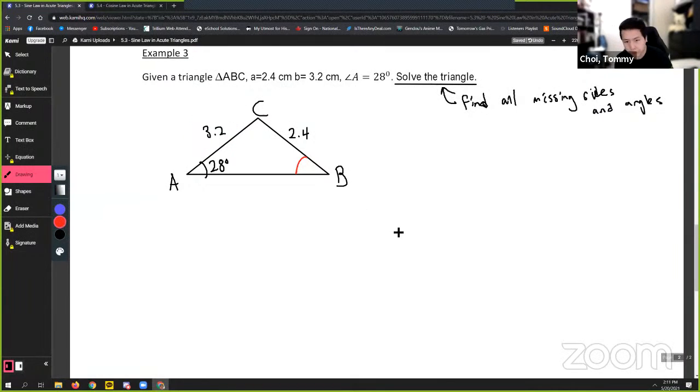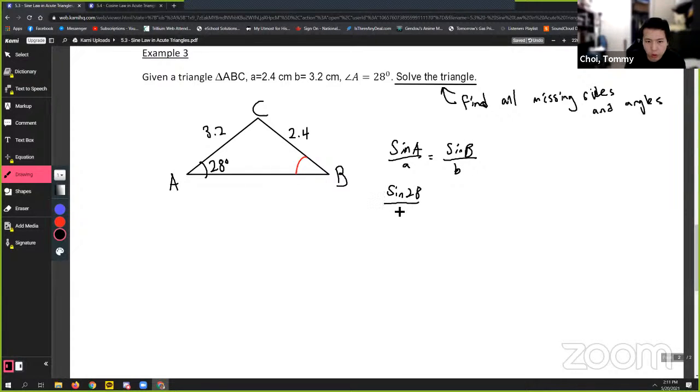So we're given the side, which means we have to find the missing angle of that opposite side-angle pair. When we use our sine law equation, since we're solving for an angle, we're going to use sine A over A is equal to sine B over B. We plug in our values and get sine 28 over 2.4 is equal to sine B over 3.2.